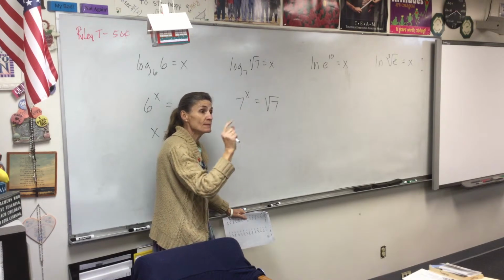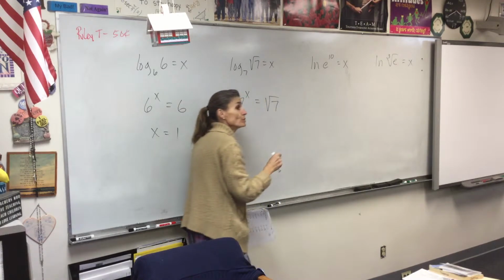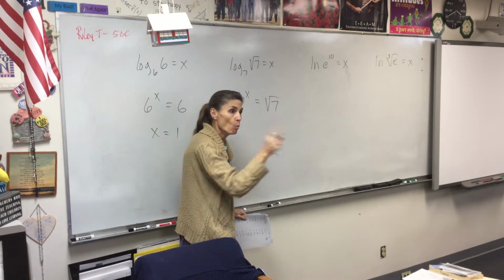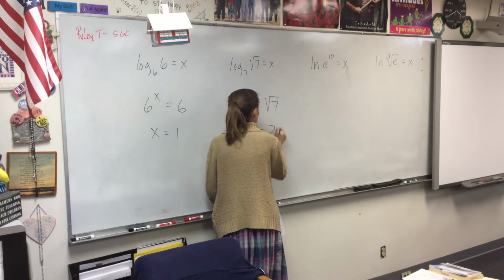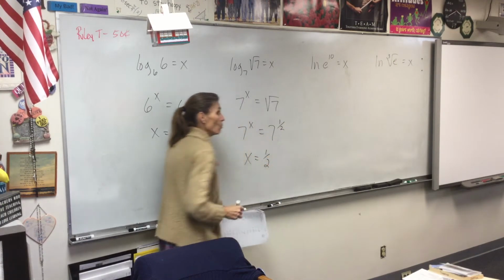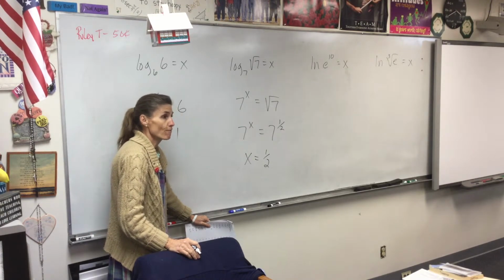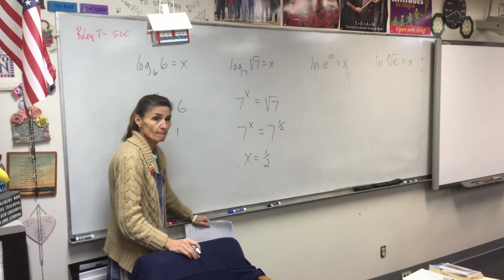Don't say something silly. You know that the square root is what exponent? 1/2. So therefore, x must be 1/2. Radicals are fractional exponents.